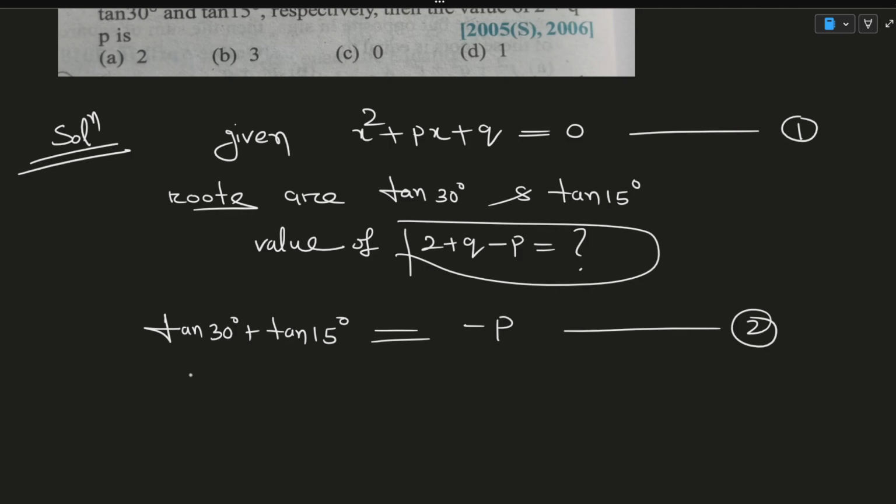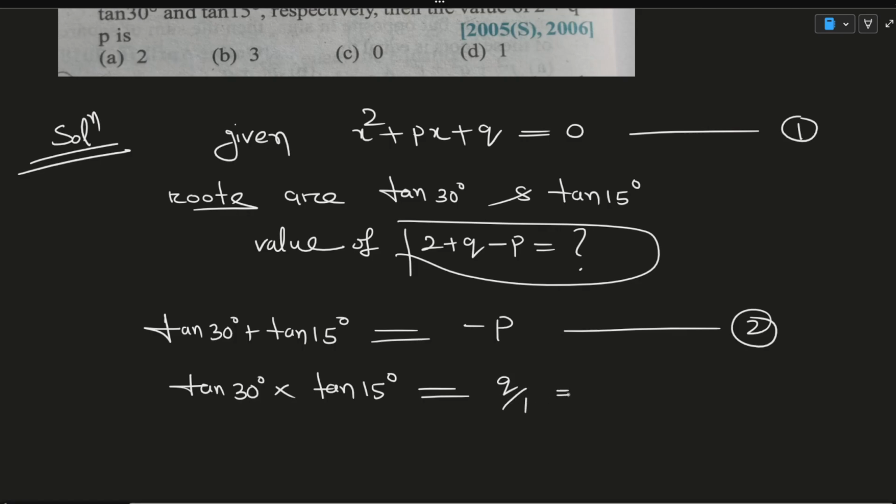Now we'll take the product, tan 30 degree into tan 15 degree, it is equal to c by a, and we are given q in place of c, so it will be q by 1, equal to q.